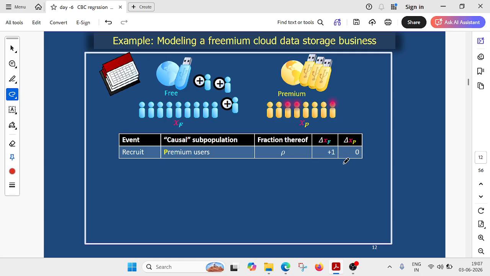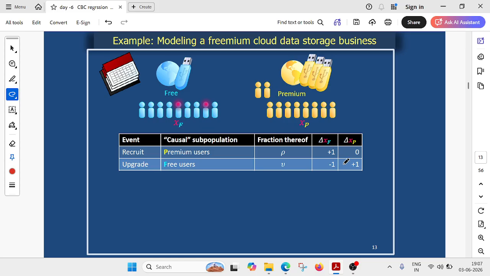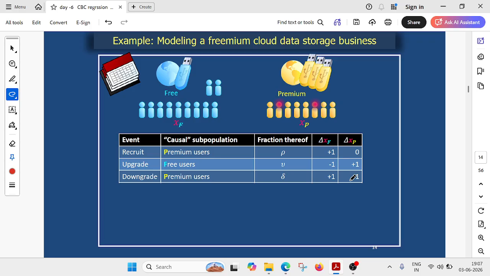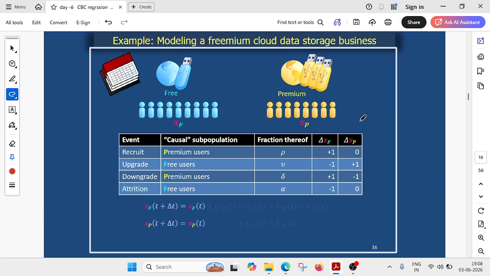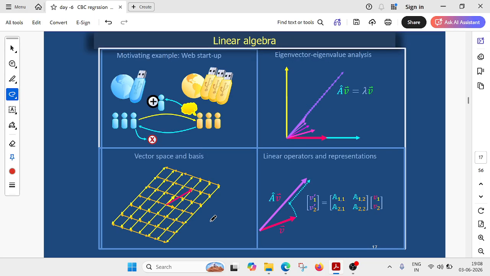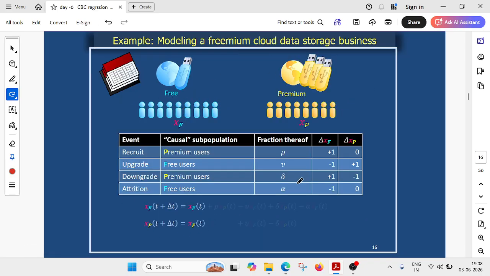Just to get into the connectivity, I'm going to give you a few things: upgrade. Nowadays if you open anything on the web, you are going to get upgrade, downgrade, attrition. All this data also uses this stuff. So this is one example.